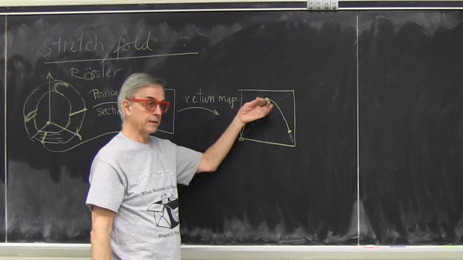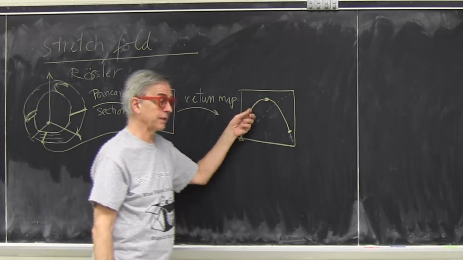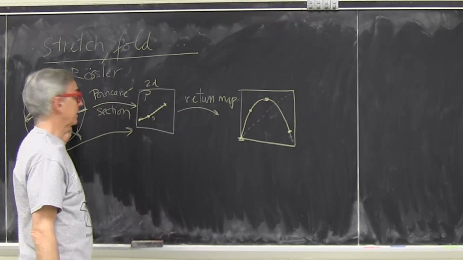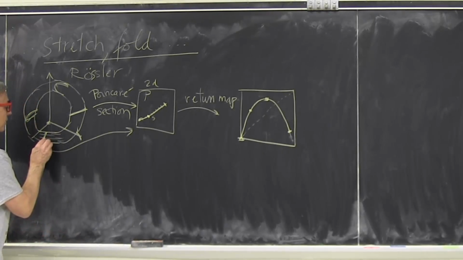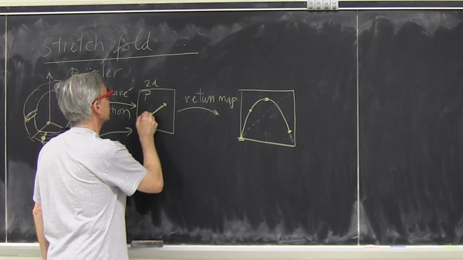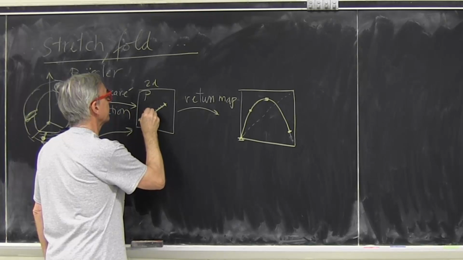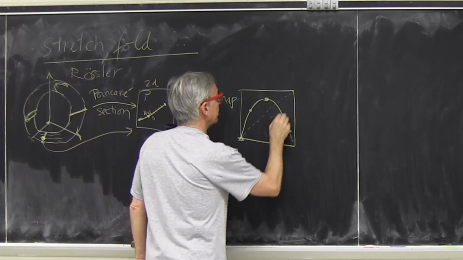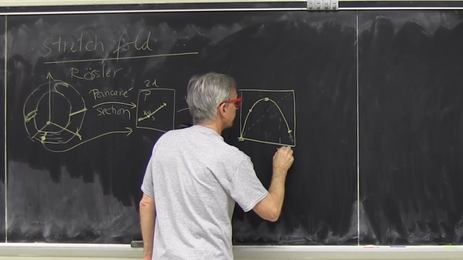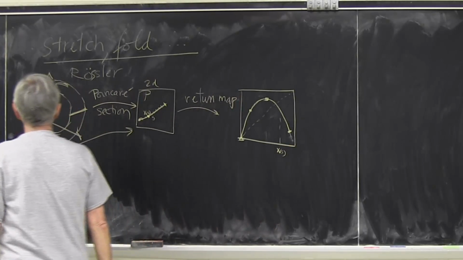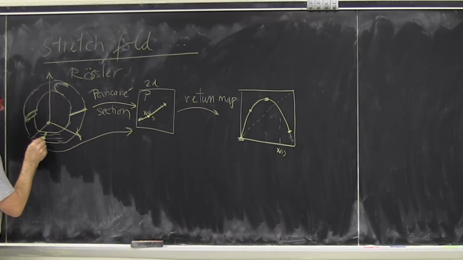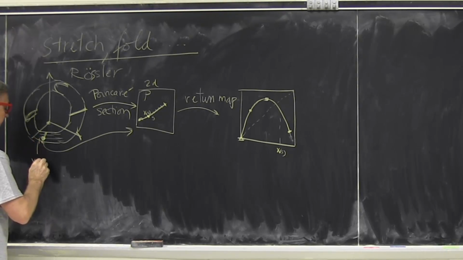So this is not a one-dimensional map in the sense that every point here, you can go back all the way here and discover that that point is right here. So if I am at point x of s, if I am here, point x of s, then I actually have all coordinates of this thing.